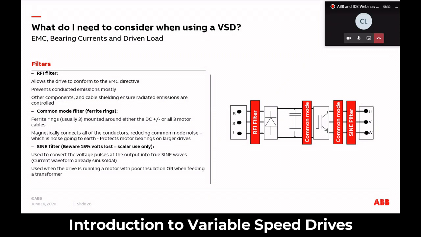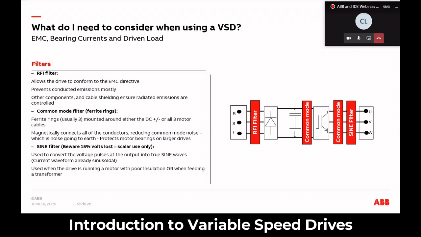From an EMC perspective, what do you need to consider when using a VSD, with regard to bearing currents in the actual driven load itself? Something to consider is things such as RFI filters.